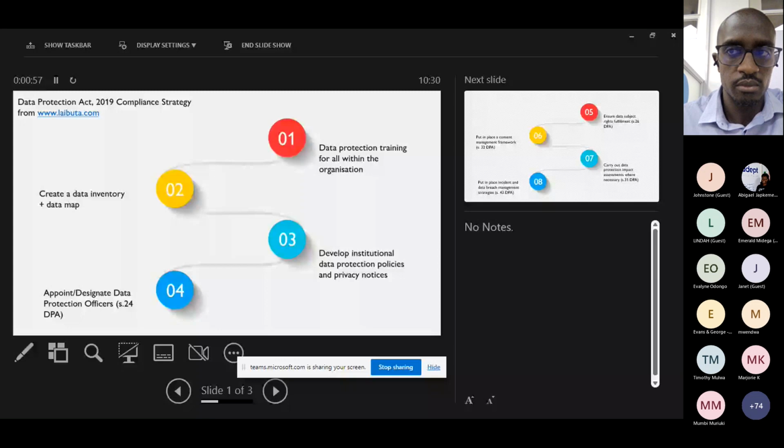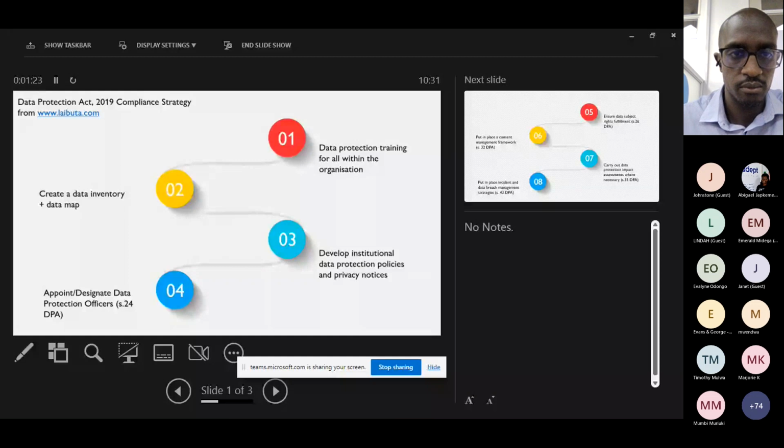Of course, we also have institutions that carry out this training. We have law firms, academic institutions, individual consultants, and tech companies. So it is very important that as an organization you carry out a training needs assessment, to understand what exactly you require to be trained on and how long the training will be.